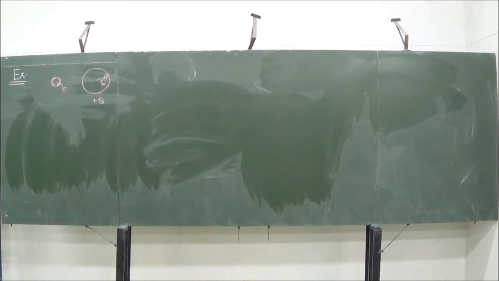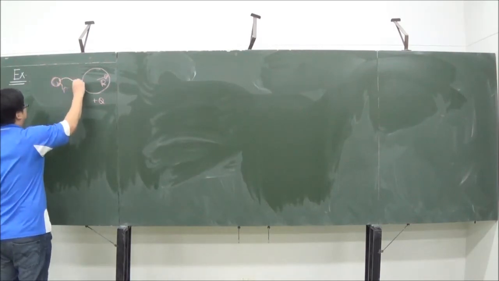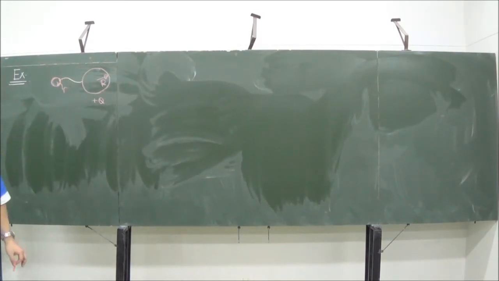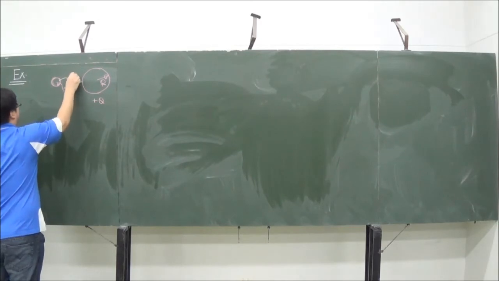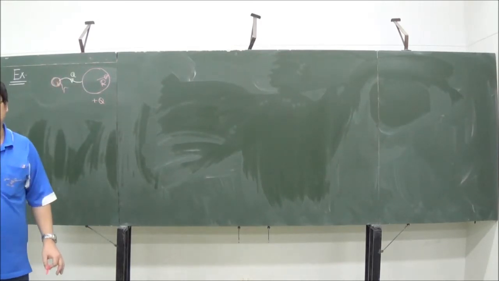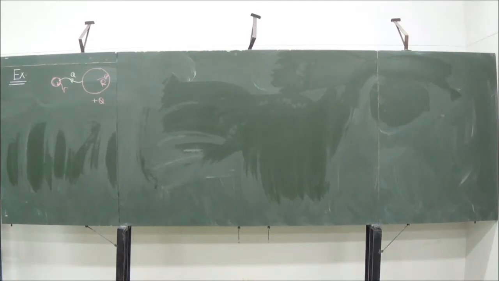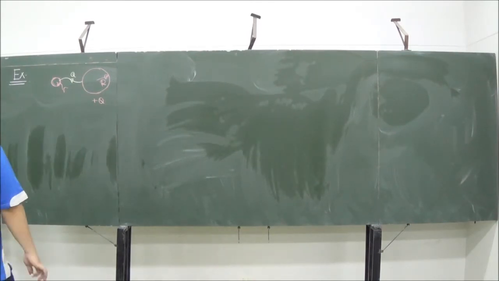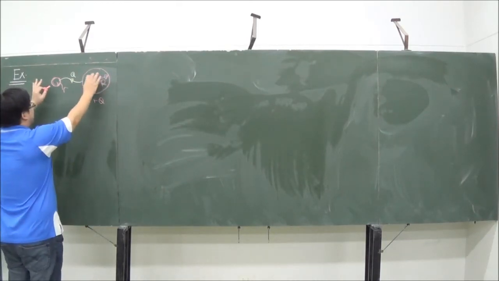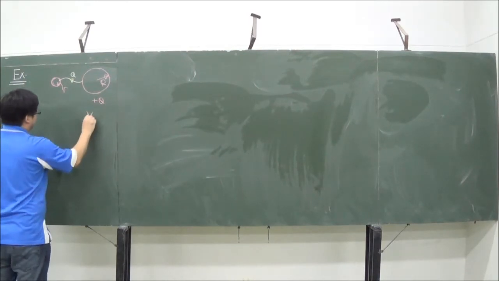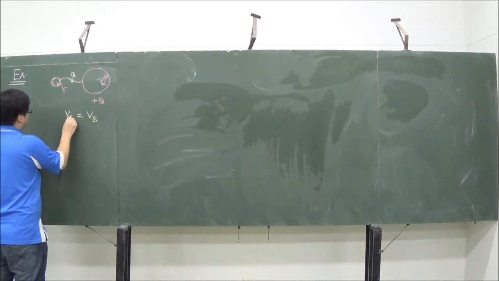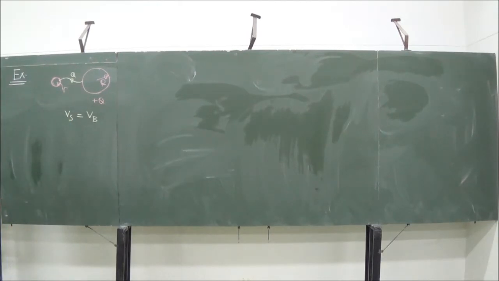Then we connect these two metal balls by a wire. So the charge from the big sphere will transfer to the small sphere, part of it, not all. If you ask when will it stop, the answer is so easy. It will stop when the electric potential of these two balls is the same. So V big equal to V small, this is when it will stop.